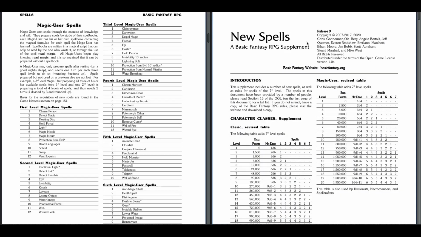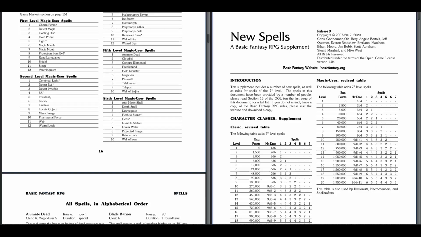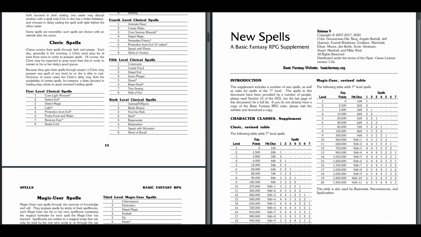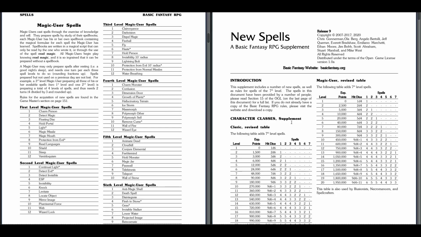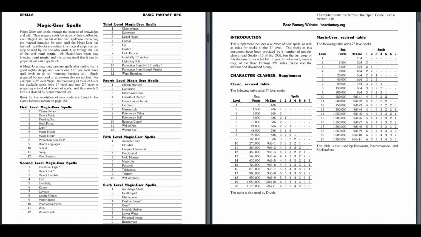Okay, here is the new spells supplement available on the website. And what it does is it increases the spell levels up to 7th level. And so as you can see here in the core rules, it only goes up to 6th level magic user spells, 6th level clerical spells. This will bring it up to 7th level. It has a revised set of tables for both cleric and magic user on when they would get these spells.